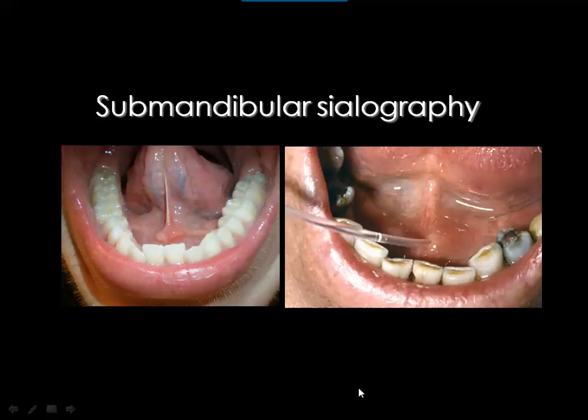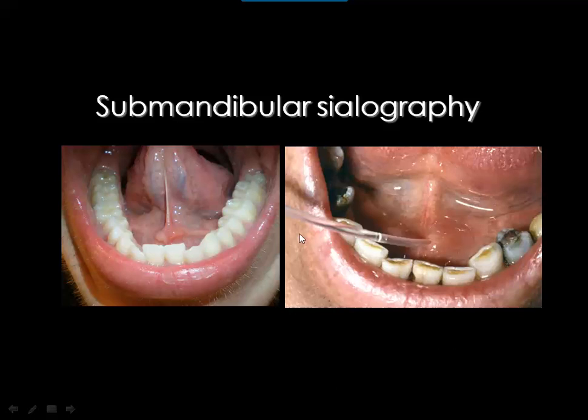For evaluation of the submandibular salivary gland, you open the mouth of the patient, and the patient is asked to elevate his tongue so that you can look at the mouth floor. On either side of the midline plane, you can see a very small opening here and there, and this is the opening of the main submandibular duct.